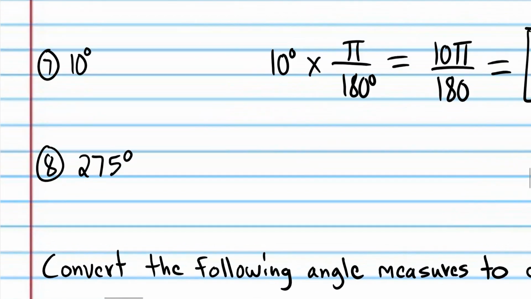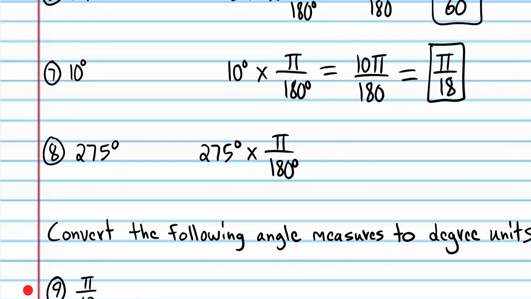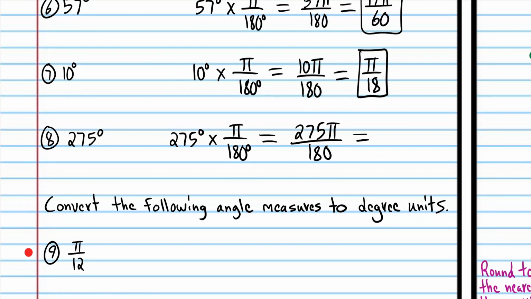Okay, we're back. The degree symbols cancel out, and we get 275 pi over 180. And don't be afraid to use your calculator. We can divide 275 by 5, and we get 55.